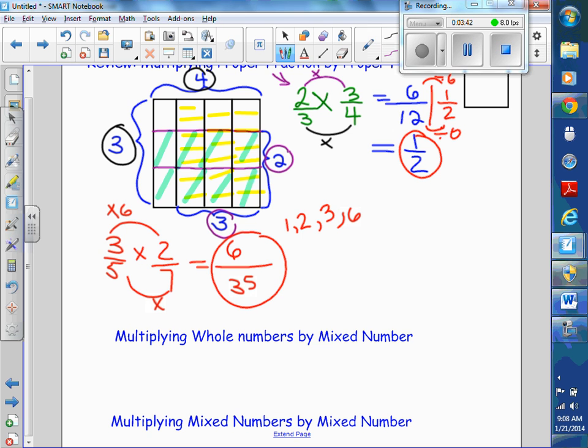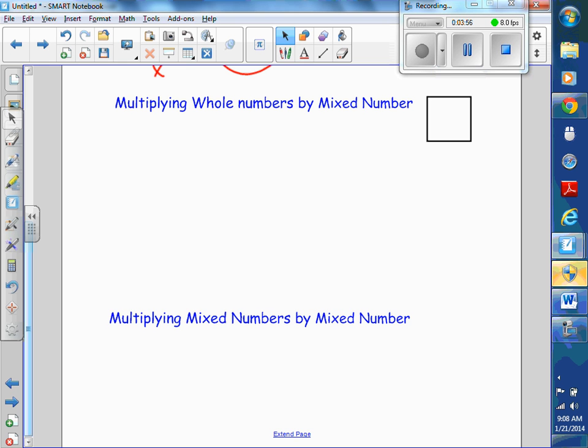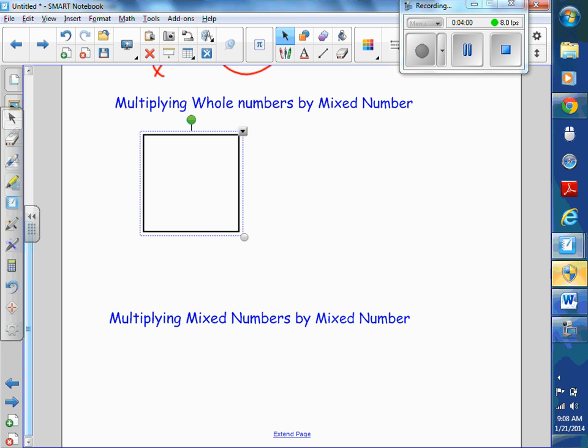That makes sense? Okay, so the new thing, you are going to use an area model for this new problem. This is where I want you to start taking some notes. And we're going to use that worksheet I gave you.